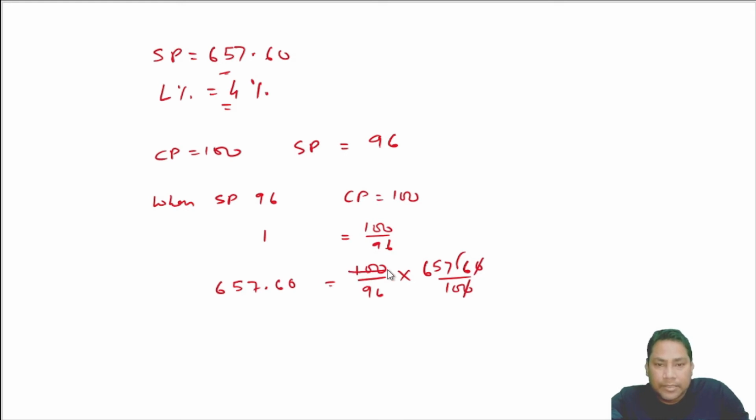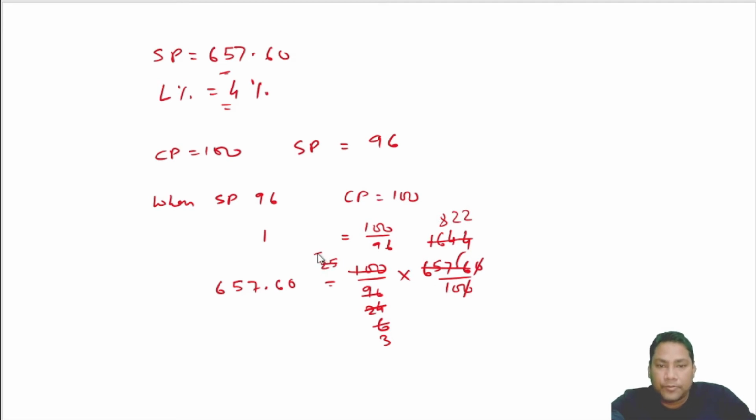We will divide it by 4. 4 into 25 is 100. Now the last two digits are divided by 4, and the whole number will be divided by 4.